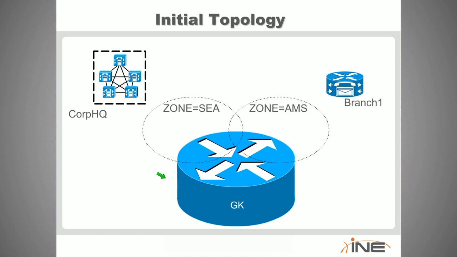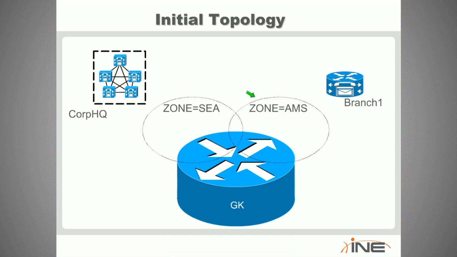And so within a gatekeeper, we have this idea of zones. We mentioned that just like a DNS server might have different zones, a gatekeeper can have different zones. So here we've got the zone called SEA, because our corporate headquarters site is in Seattle, Washington, US.